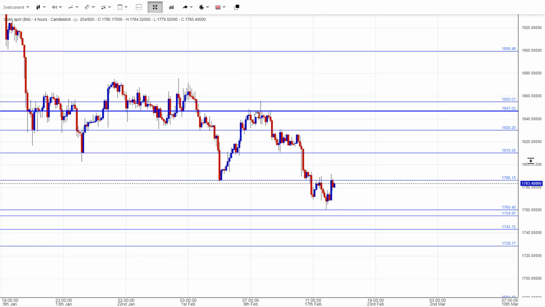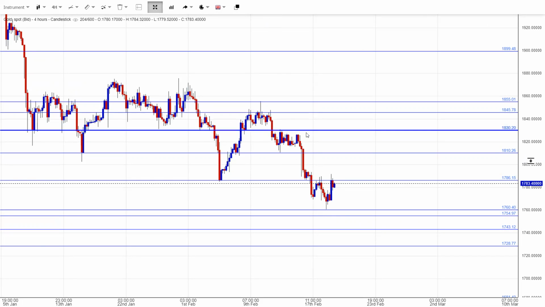So for this upcoming week, we can be looking at one of these lines as a potential pullback point where the market will start selling again. All right, so there we go, 1826, 1830, up to 1845.